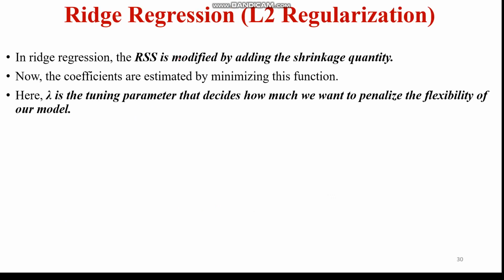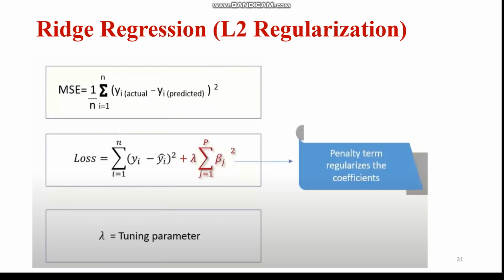When we talk of ridge regression, the RSS is modified by adding the shrinkage quantity. The coefficients are estimated by minimizing the function, and we use lambda, which is a tuning parameter that will do the fine tuning of the model and decides how much we want to penalize the flexibility of our model.